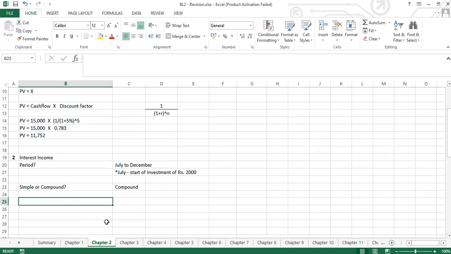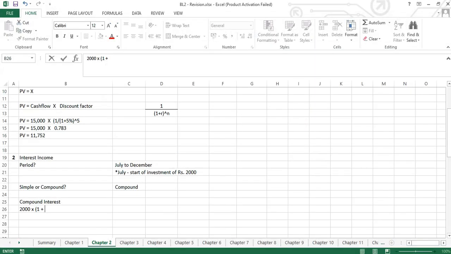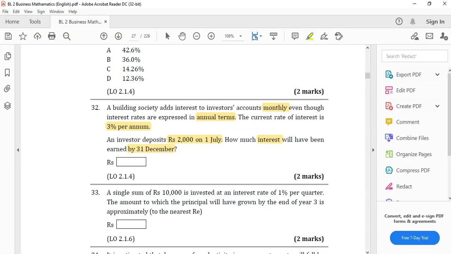So accordingly, the compound interest formula you must have learned is the total amount multiplied by 1 plus the monthly interest rate, because it's going monthly.